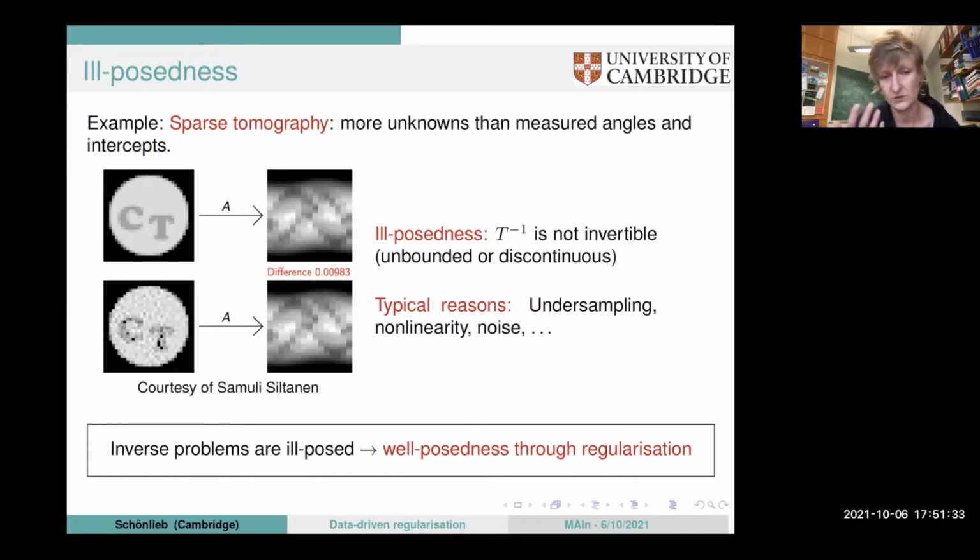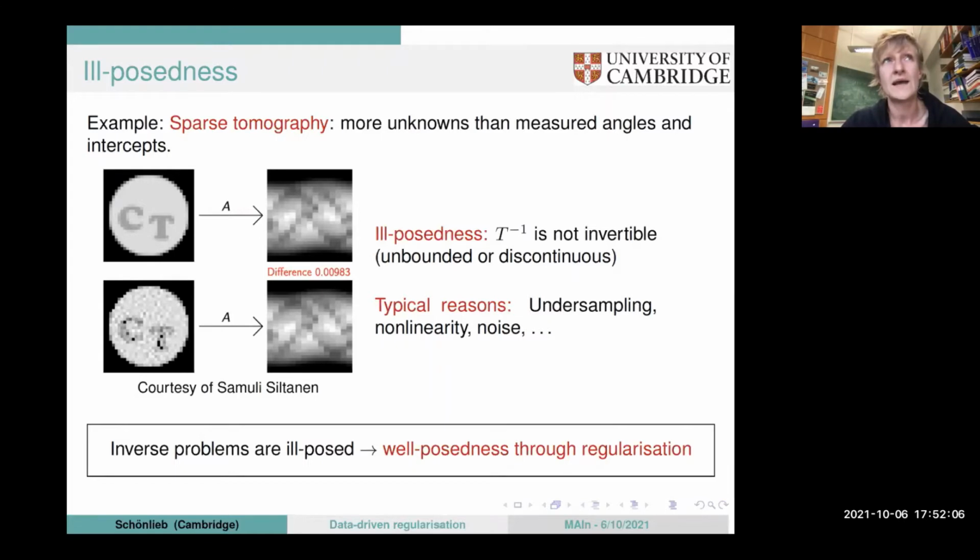So that could be one problem. The other, and that combined with the fact that in practice, in tomography for instance, we are usually measuring much less than the number of unknowns in the image U that we want to compute, is what makes this problem underdetermined and so not uniquely solvable.